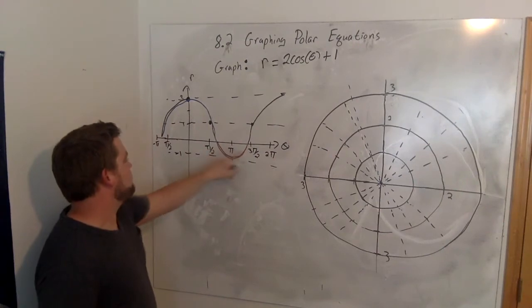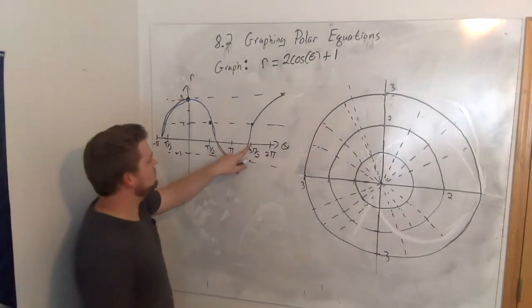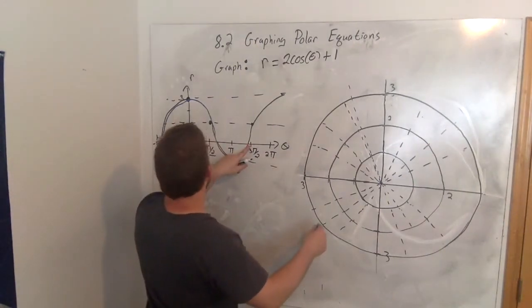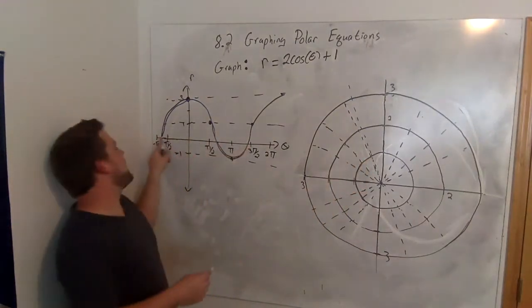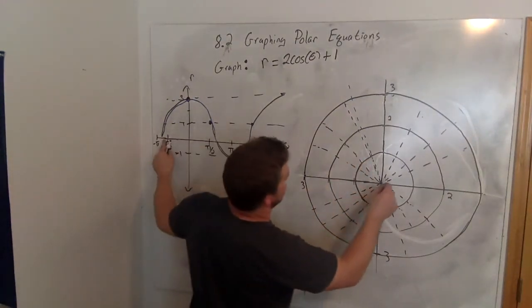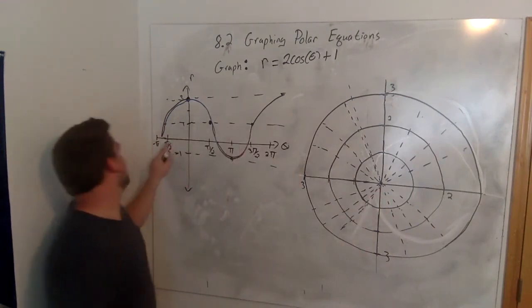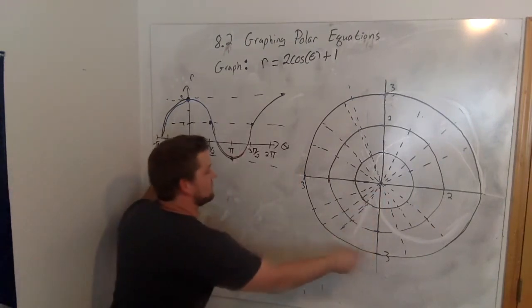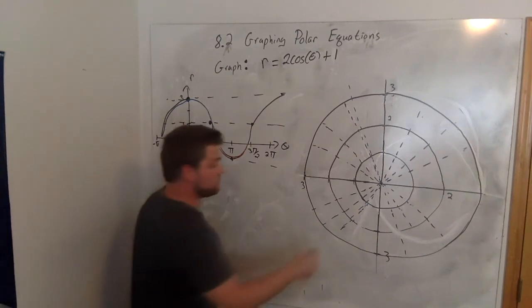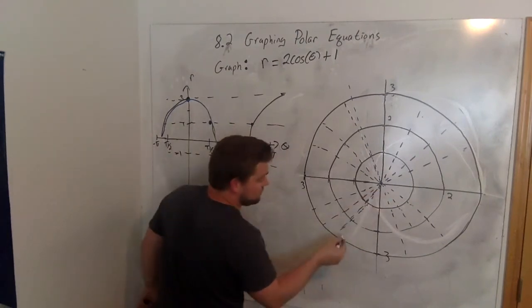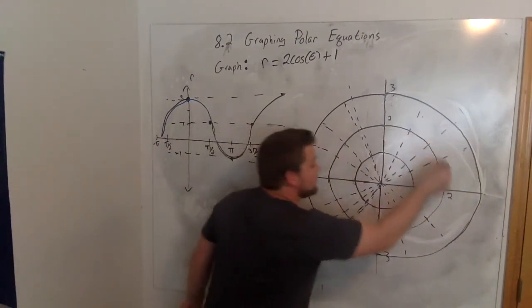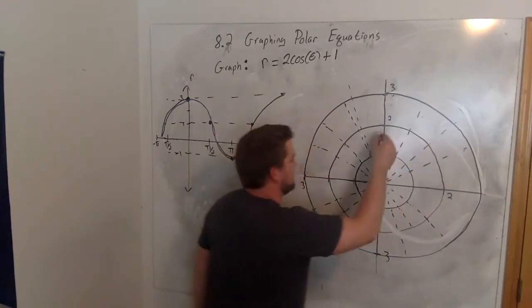And between 3 pi over 2. Let's go backwards, negative, so this would be something a little bit less than negative pi over 2. So we should be getting our first loop within this region right here.